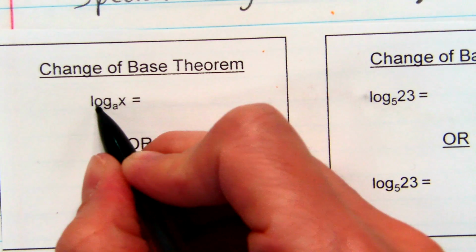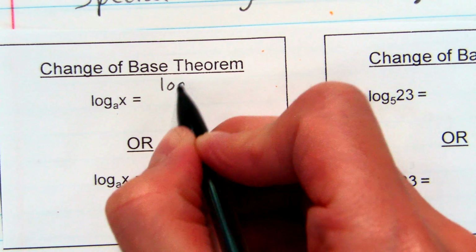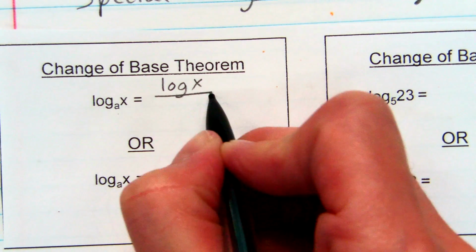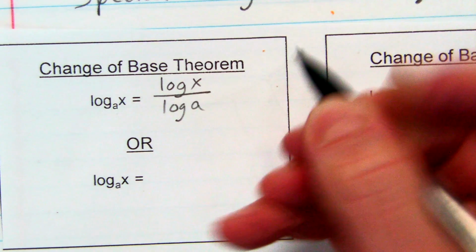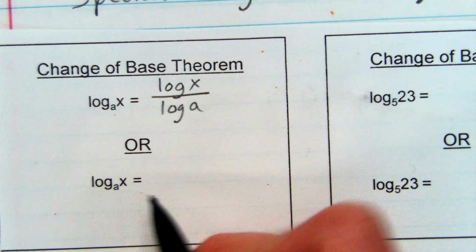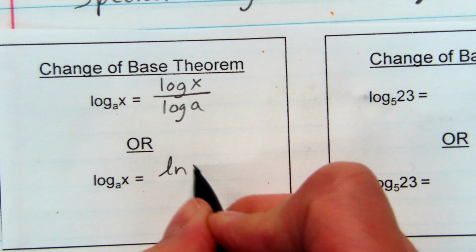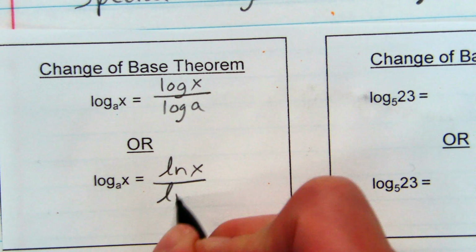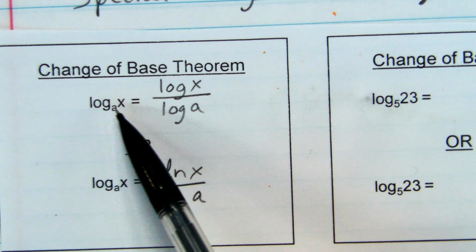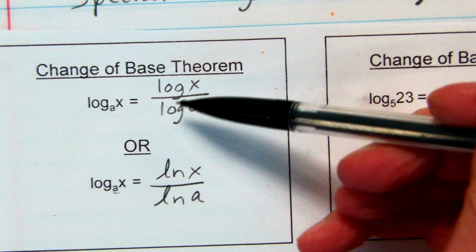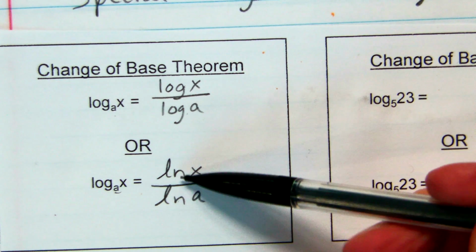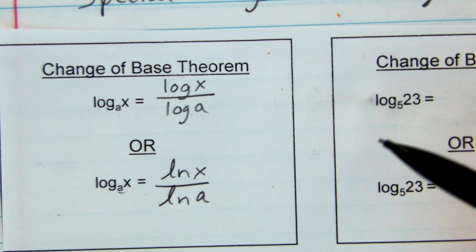So if I have log base a of x, I would do log of x divided by log of a, and I could just do that on my calculator, or I can do natural log of x over natural log of a. And what that does is it changes any base into either common logs or natural logs, which are the only 2 buttons they bothered to put on your calculator.